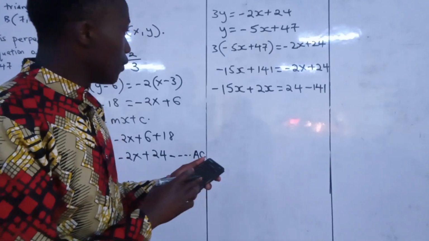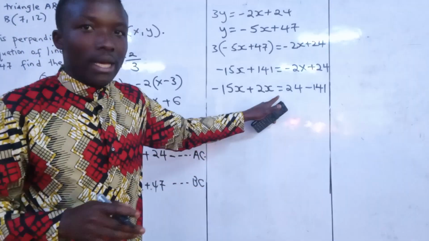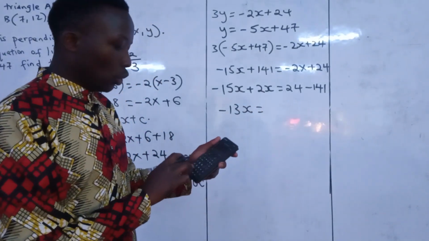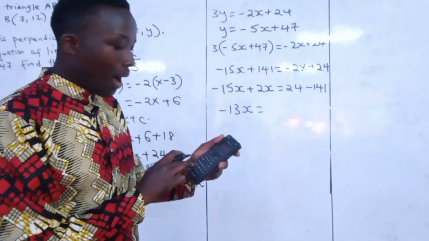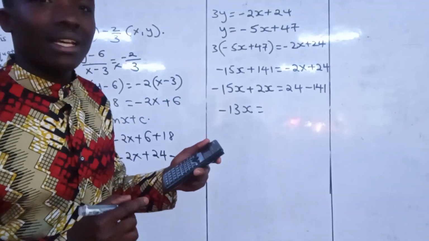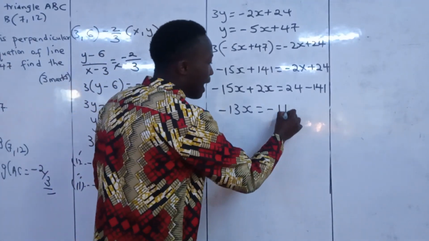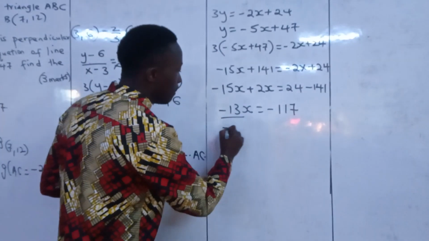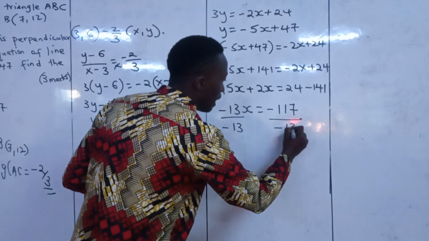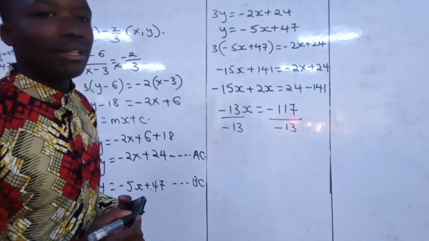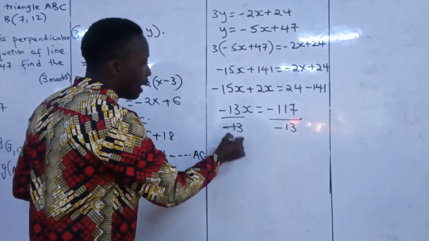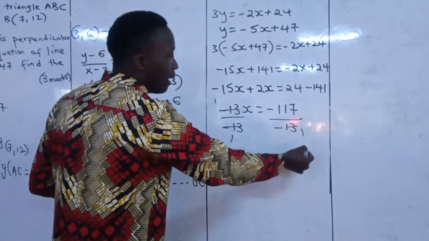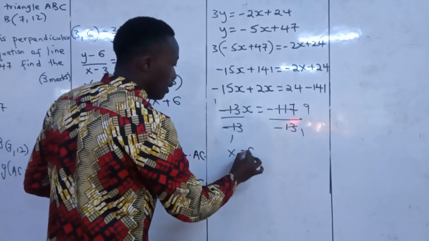Negative 15x plus 2x will give us negative 13x is equal to 24 minus 141, which will definitely give us negative 117. So for us to be left with x, we need to divide both sides by negative 13. When we simplify, negative 13 over negative 13 is 1, and on the other side, negative 117 divided by negative 13 is 9, so we get our x as 9.